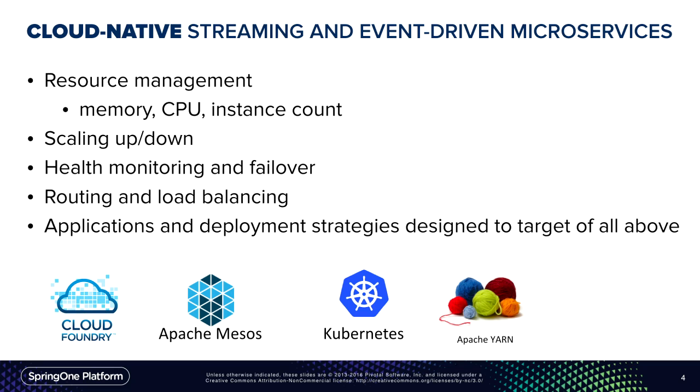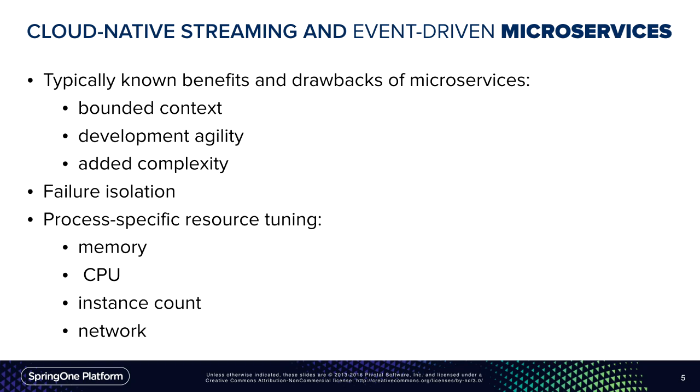They are designed to target these specific types of environments, which could range from a platform as a service like Cloud Foundry, could be Mesos, could be Kubernetes, even YARN, which doesn't fall into the managed runtime category as much as the others, but it still has some capabilities of scheduling and running applications.